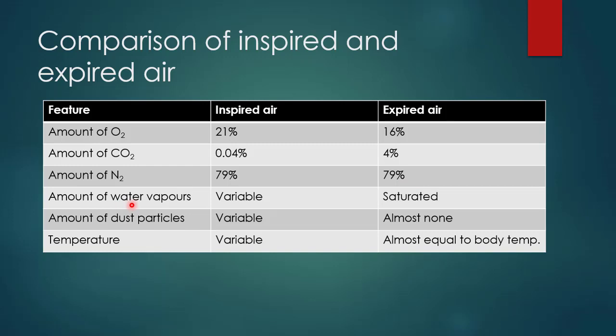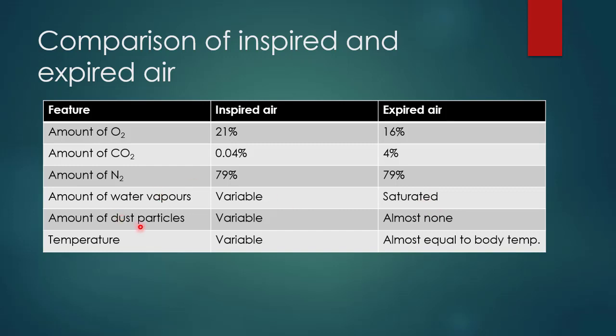If we talk about the amount of water vapors, this amount is variable in inspired air because it depends upon the environment in which you are breathing in. For example, it may be a cold area, it may be temperate, or a hot area. In case of expired air, the amount of water vapor is saturated.